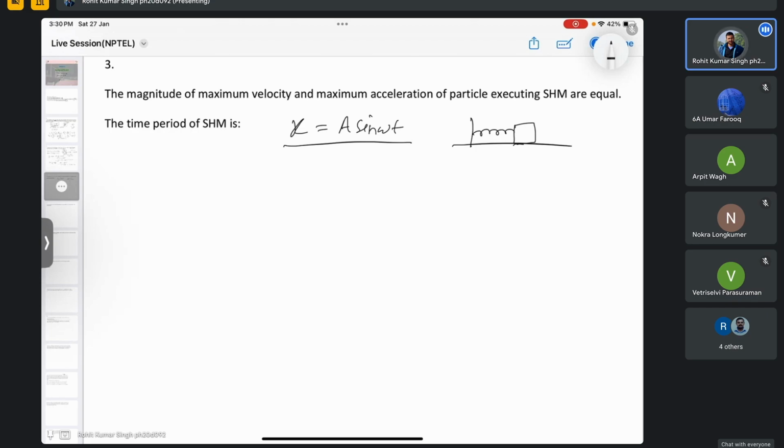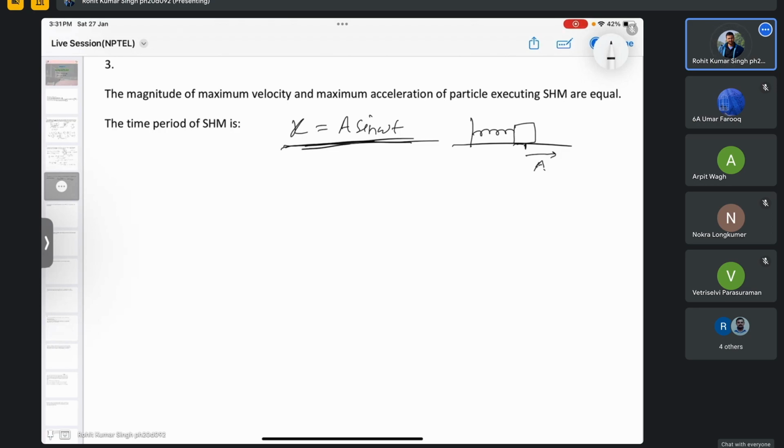Suppose this is its rest position, and you extend it and release it from a distance A, which is its amplitude. Then it will follow this equation, its position as a function of time.